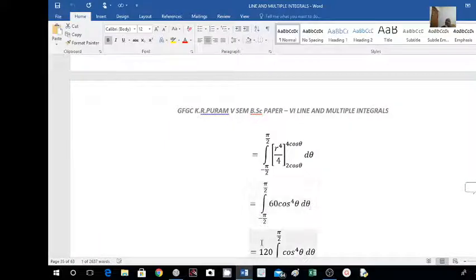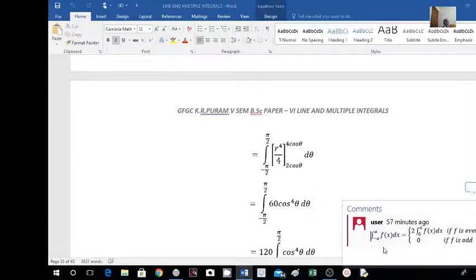Now we have to evaluate this integral, from minus a to plus a. We have one property of definite integrals here. Integral from minus a to plus a of f of x dx is equal to 2 times the integral from 0 to a of f x dx if f is an even function, and its value is 0 if f is an odd function. What is an even function?